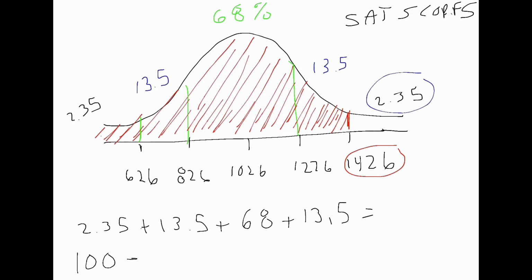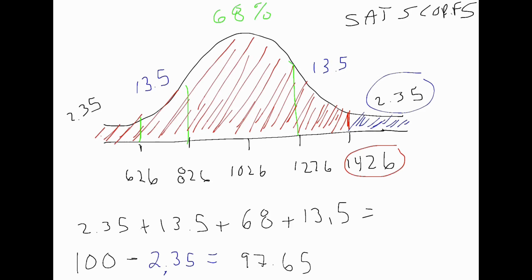Well, it should be 100 minus 2.35. And this is a little bit of an easier calculation. If the entire region, red and blue, equals 100, then 100 minus blue equals red. So another way to do this is just this simple subtraction. 100 minus 2.35 would give me something like 97.65.